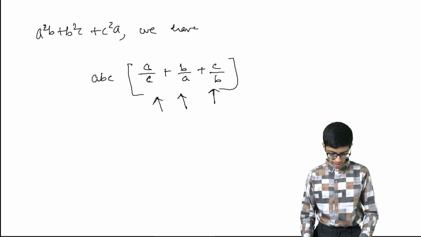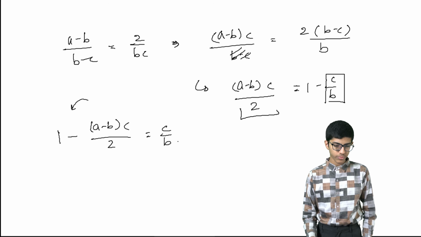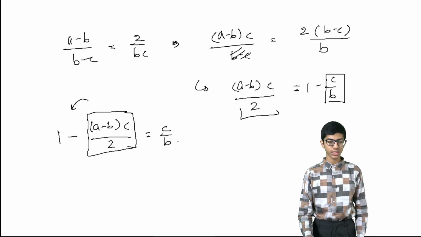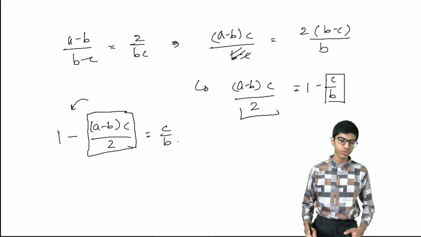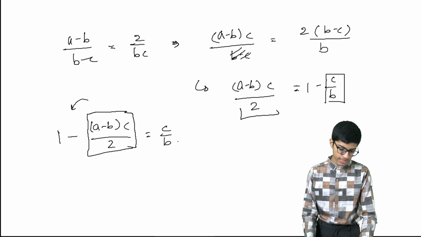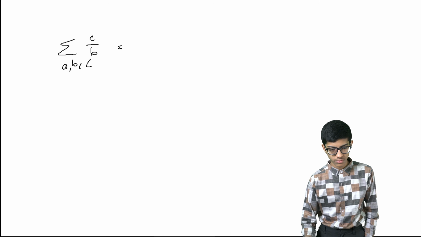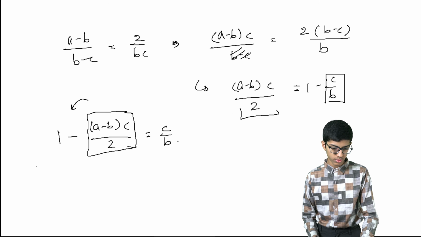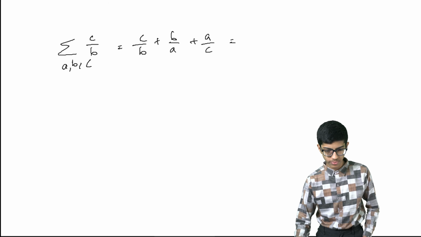Now, as you may notice here, this term is redundant and gets removed if we apply cyclicity. So we have the summation, which equals c by b plus b by a plus a by c equals the summation of this term.